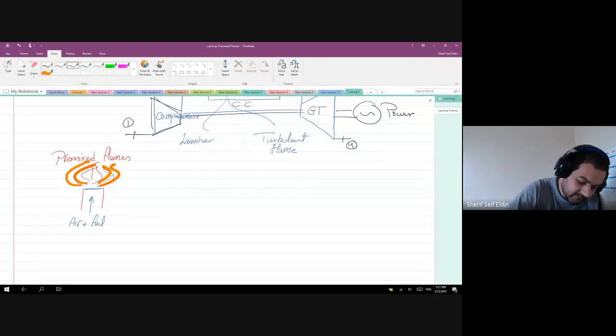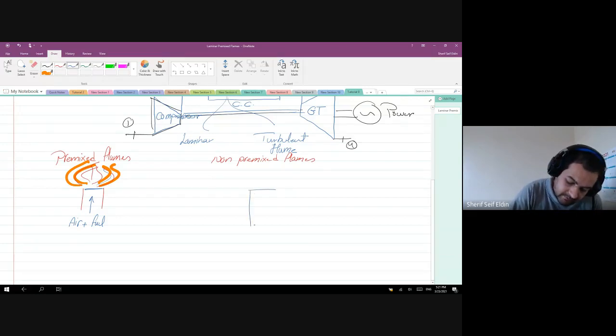For the non-premixed, fuel comes from the pipe or upstream, and it's going to be burned with the surrounding air.